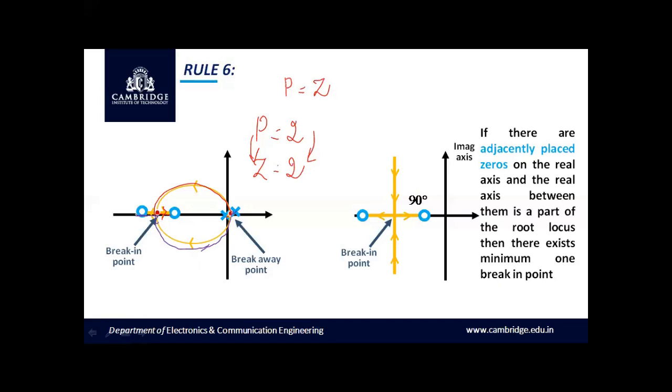So rule number 2 also has been justified here, that is for p is equal to z, it starts from an open loop pole and terminates at an open loop zero. So making use of rule number 6, we have made use of the previous two rules, rule number 3 for the existence of root locus and rule number 2 for the starting and terminating points of the branches. And now it is very clear with rule number 6.